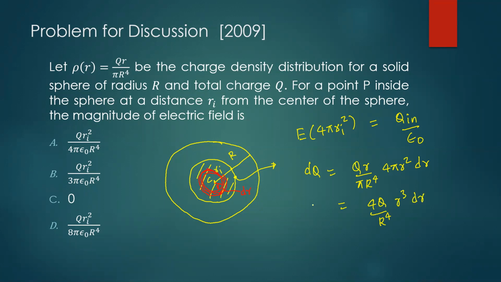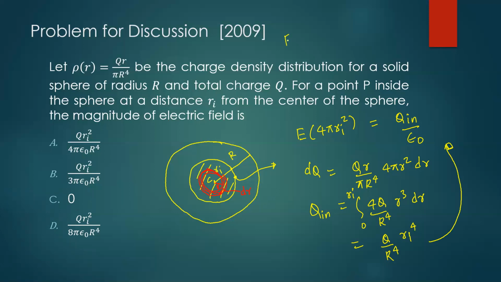So if I integrate this, I'll get the charge within Ri. So I'll integrate from 0 to Ri. This is r to the power 4 by 4, so that 4 disappears. I'll get q Ri to the power 4 by capital R to the power 4. Are you okay so far? Now I substitute this here.